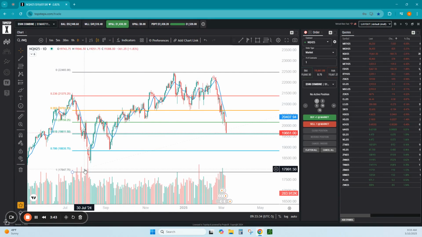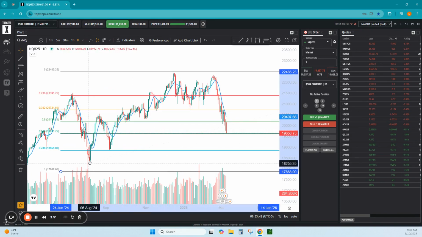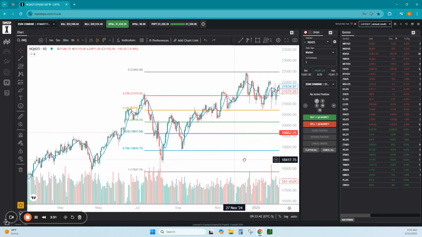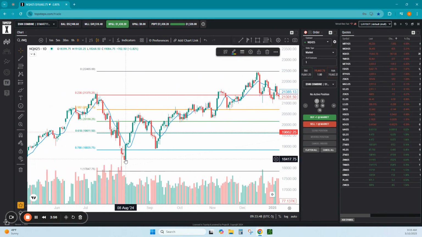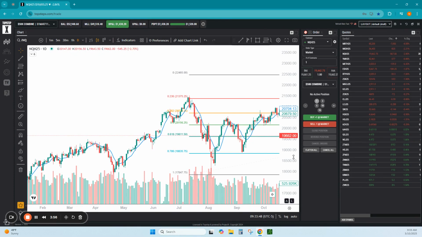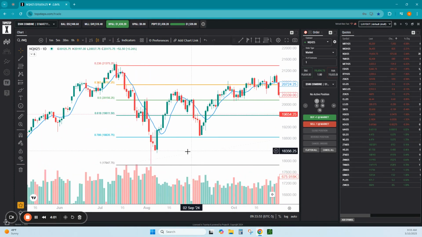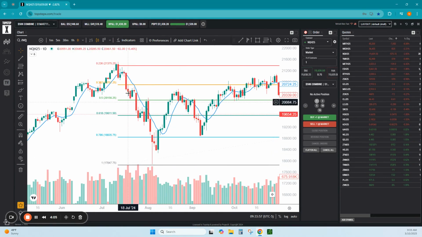So after doing that, when we zoom in, we can see how price actually reacts to these different levels.